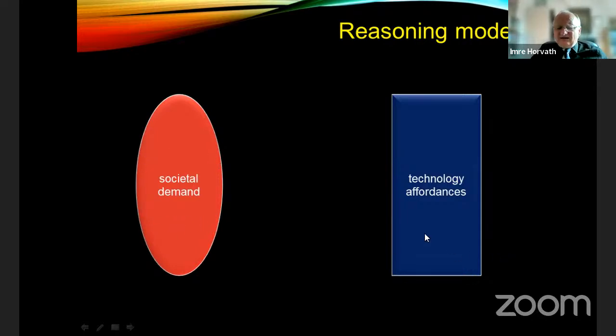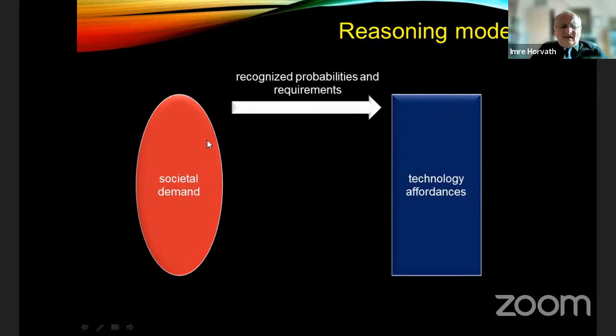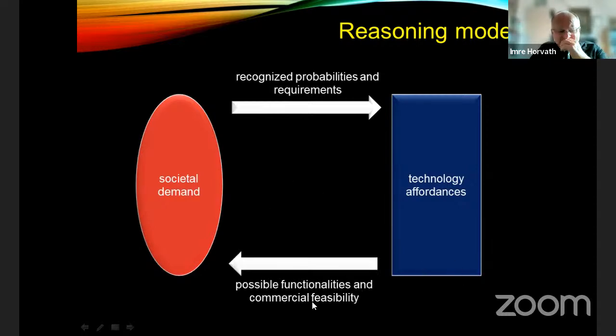What is needed and what can be, what is possible. Cyber-physical system development needs a kind of streaming of the recognized probabilities and requirements into the domain of technology affordances, and then the possible functionalities and commercial feasibility should be streamed towards the decision making from the side of the societal demand.